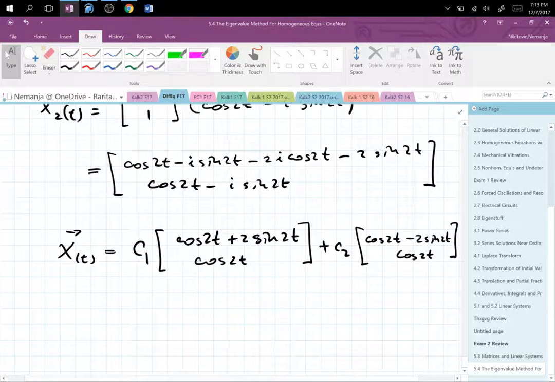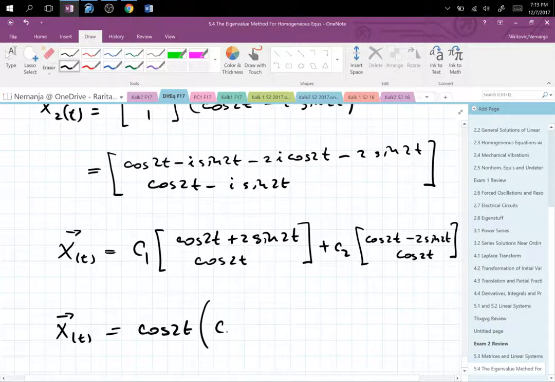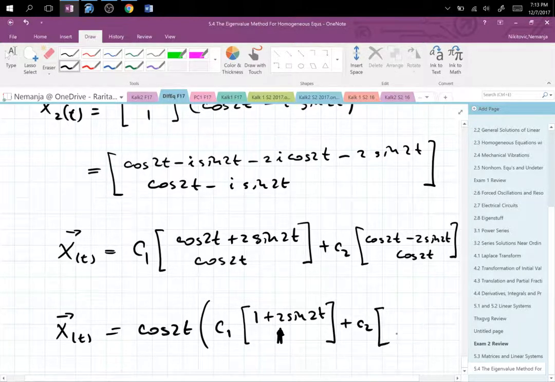Now there is a cosine 2t in all of these, so you can make this a little bit better by kicking out cosine 2t and then having C1 times 1 plus 2 sine 2t and then 1, plus C2 times 1 minus 2 sine 2t and then 1.